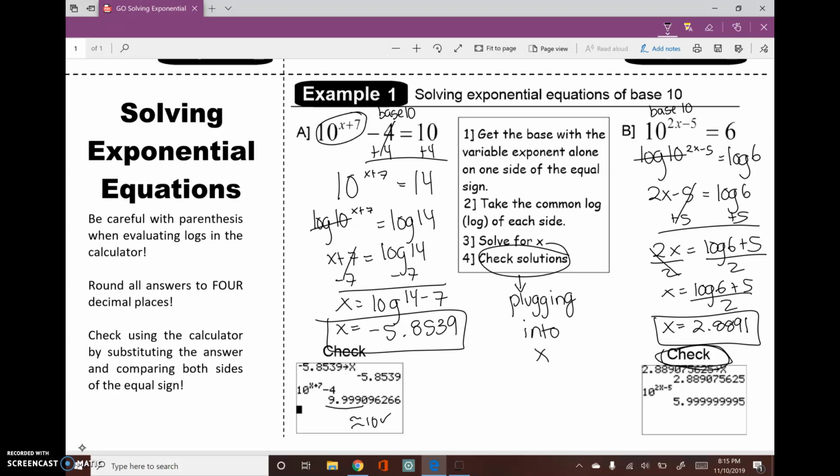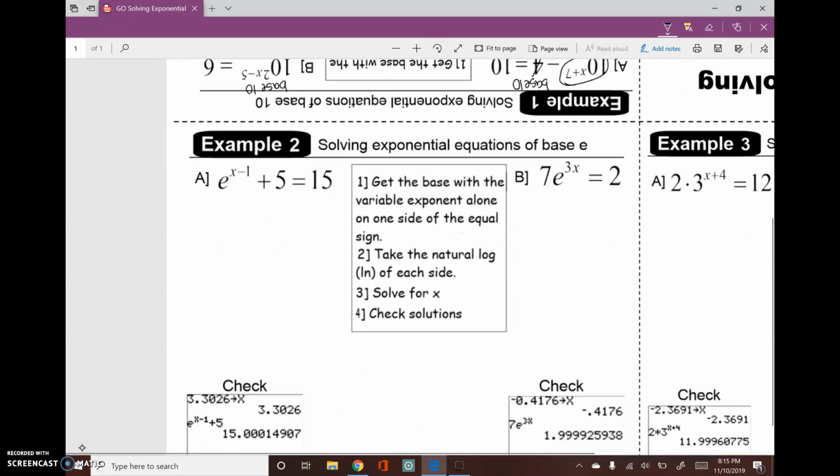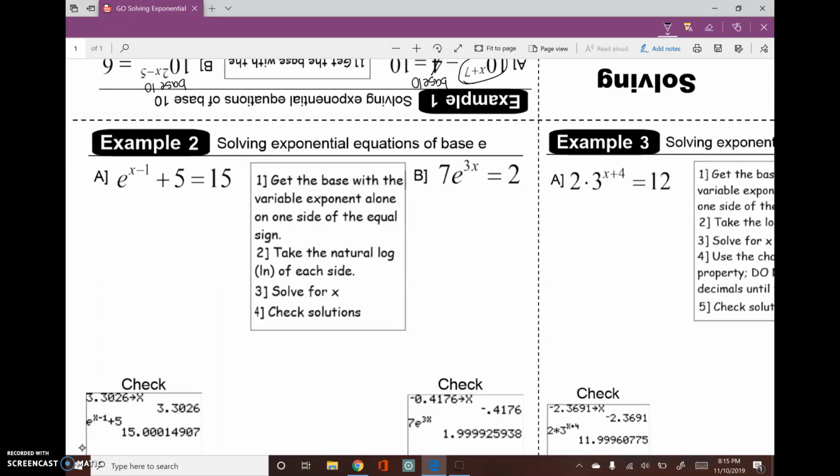Going to example 2, we're going to change the base. Now we're going to be solving with a base of e. So I need to get rid of everything else. That gives me 10. Now, to get rid of the base e, I need to take the natural log.